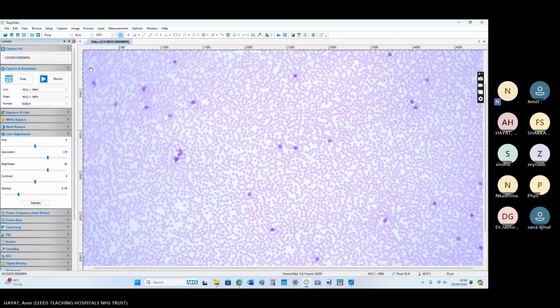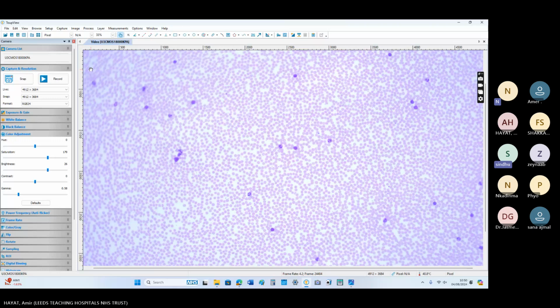Even if on peripheral film you think that the blast percentage is not more than 20% and is less than that, still you will go for the flow cytometry. Yes, for confirmation you have to do that, but you do not have this much time in the exam to count the blast percentage, because counting blast percentage takes time.